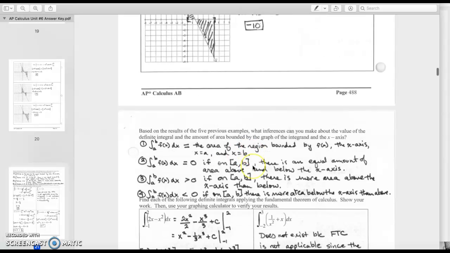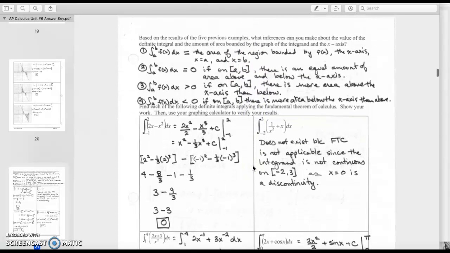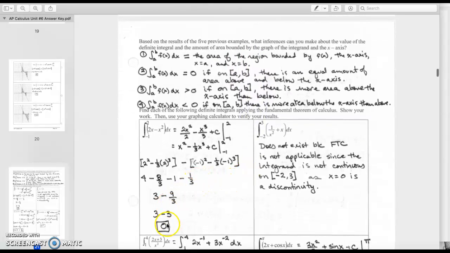And instead of using a graphing calculator to check, the answer key also gives it. I'm glad I went to the answer key, because remember, we can only do these problems if the function is continuous. Well, as you look at 1 divided by x squared, x cannot equal 0 there.